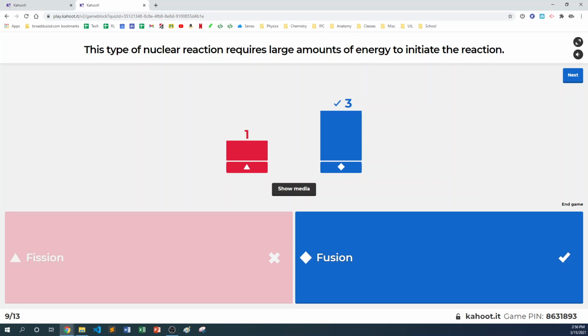It fuses hydrogen together. Do you know how much energy is required to fuse the hydrogen together? It requires another nuclear bomb to create a fusion bomb. They basically take another nuclear bomb and detonate that, which causes the hydrogen to compress, making it fuse together. It takes a tremendous amount of energy to do fusion.